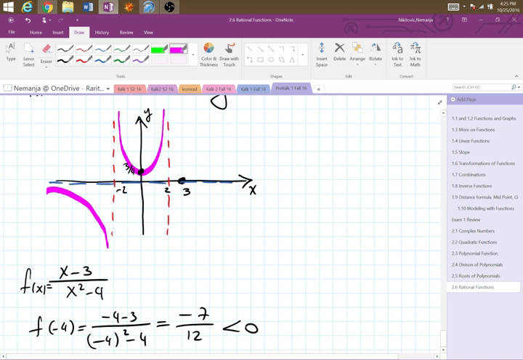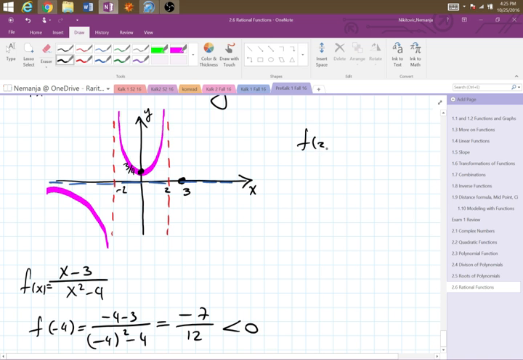So now, the question is which one of these it is. The same trick we used for the left, we'll use from the right. Pick a number between 2 and 3 and see whether it's positive or negative. It either goes like this or it goes like that. If we get a positive for the number between 2 and 3, it's going to go there. If it's negative, it's going to go on the bottom. So let's see, I don't know, 2.5?